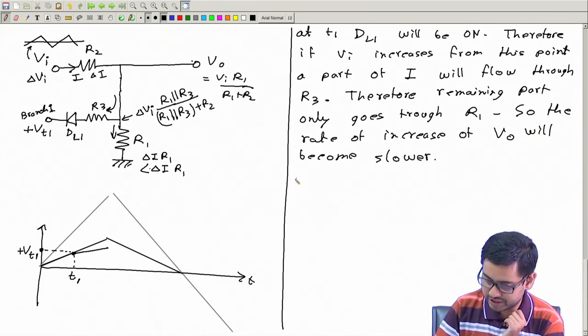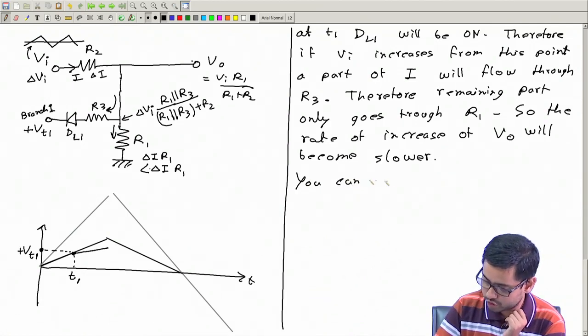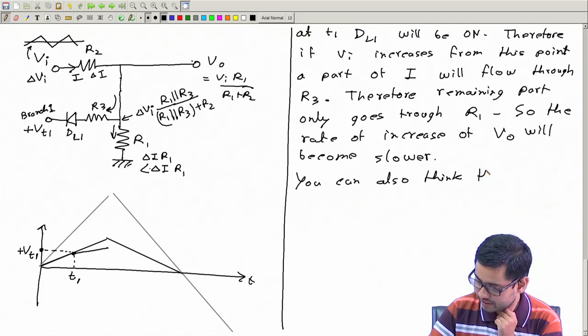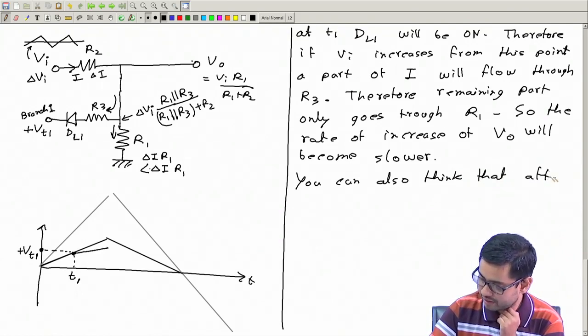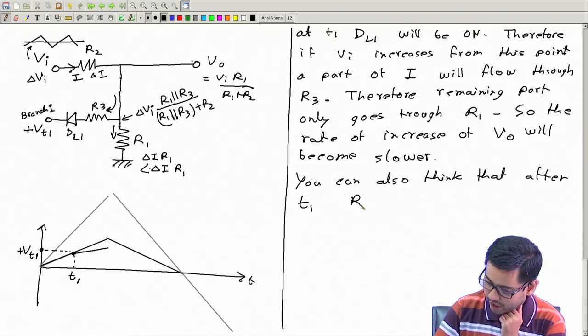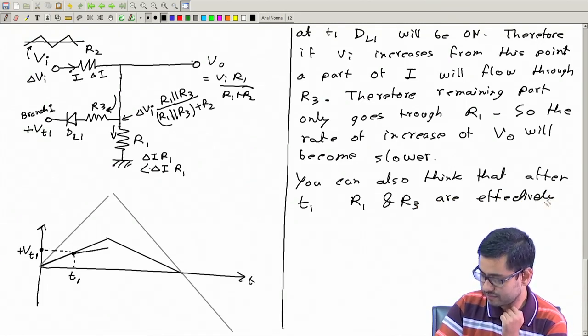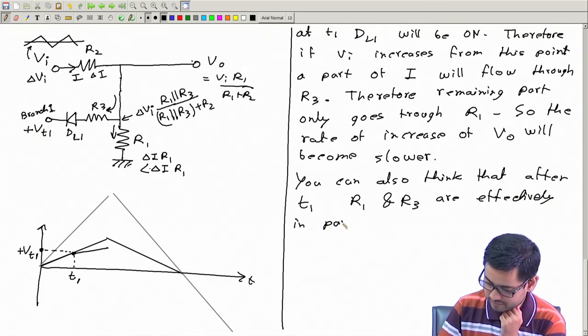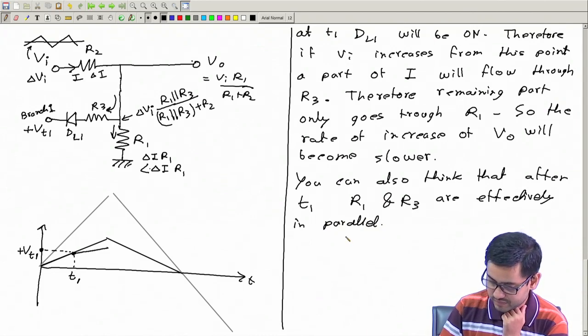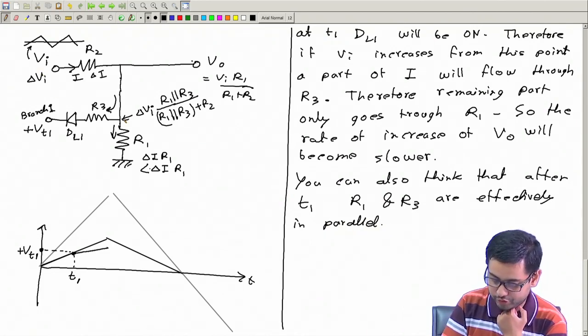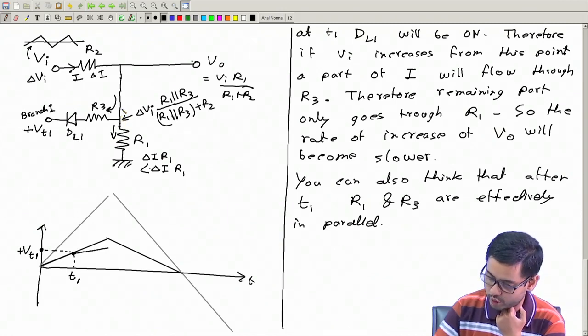You can also think of it in this way. You can also think that after T1 time, R1 and R3 are effectively in parallel. Therefore, the rate of change of VO will be slower.